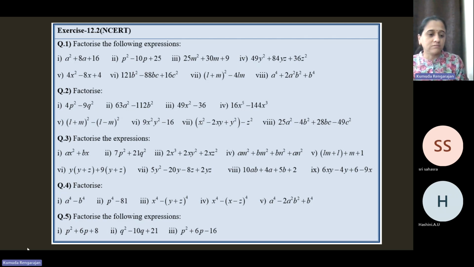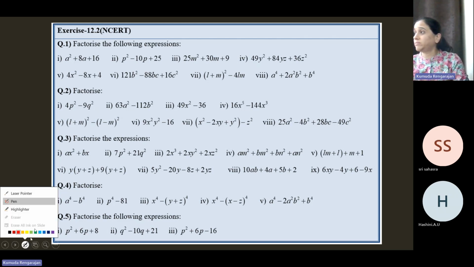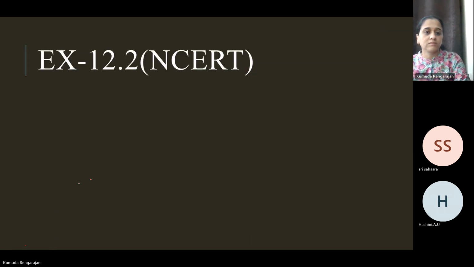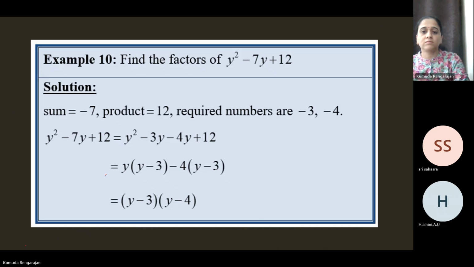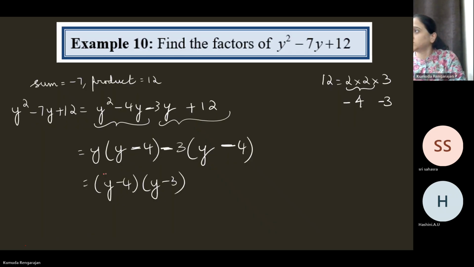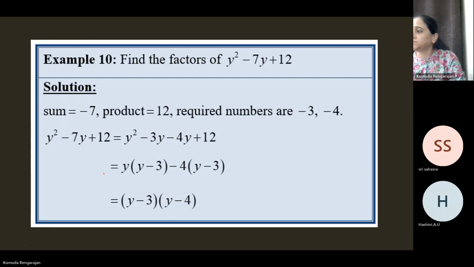Just help me find out where we stopped in the last class. What was the last question we did? We were doing factorizing by splitting the middle term. Read the expression now. 4x squared minus 8x plus 4x squared.